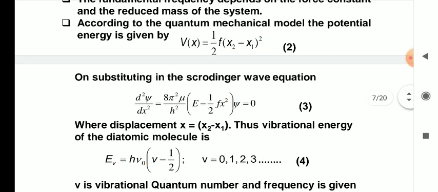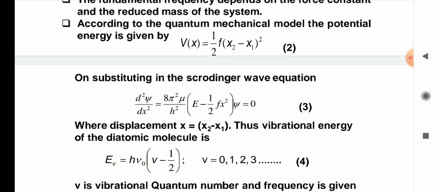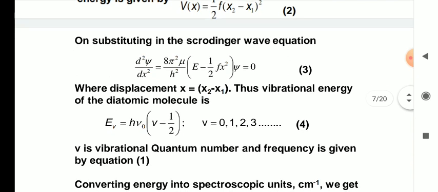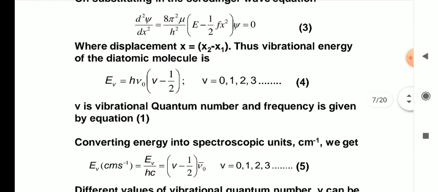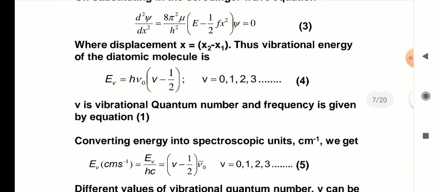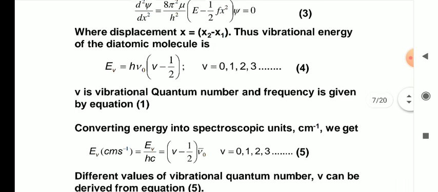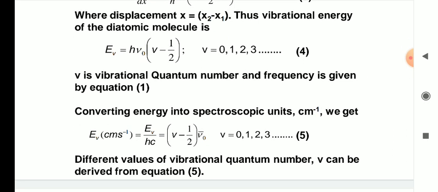On substituting this potential energy in the Schrodinger wave equation and solving that equation, we can get the vibrational energy of a diatomic molecule as E_v equal to h nu naught into (v plus 1 by 2), where v is equal to 0, 1, 2, 3. So we call it the vibrational quantum number, and the frequency is given by equation number 1.